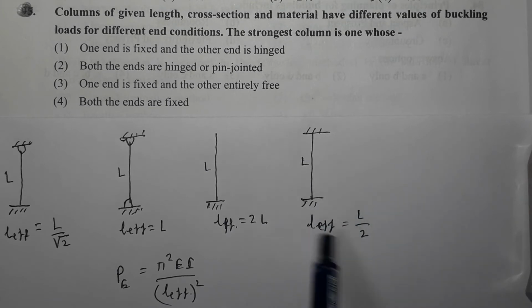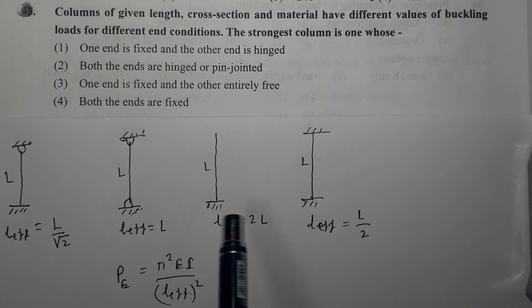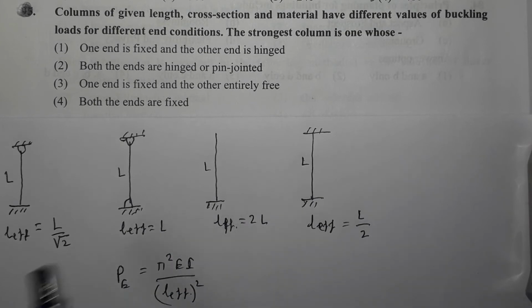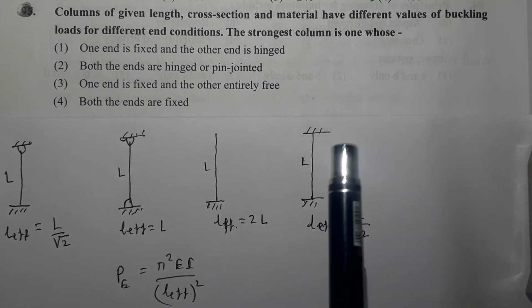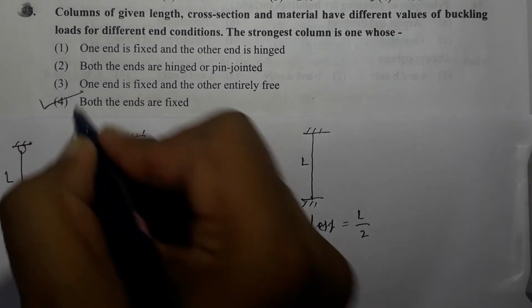As effective length is in the denominator, its square will have a still smaller value and the Euler's load will be maximum. So for the given length, cross section and material, the maximum load carrying capacity, that is the strongest column, is when both ends are fixed. So option 4 is the correct option.